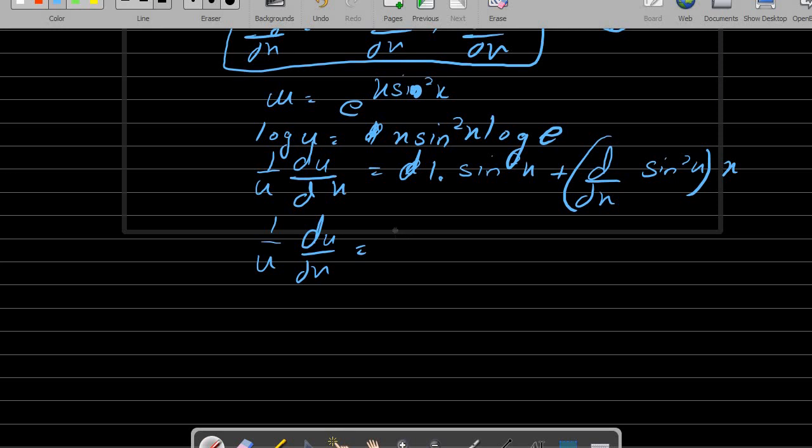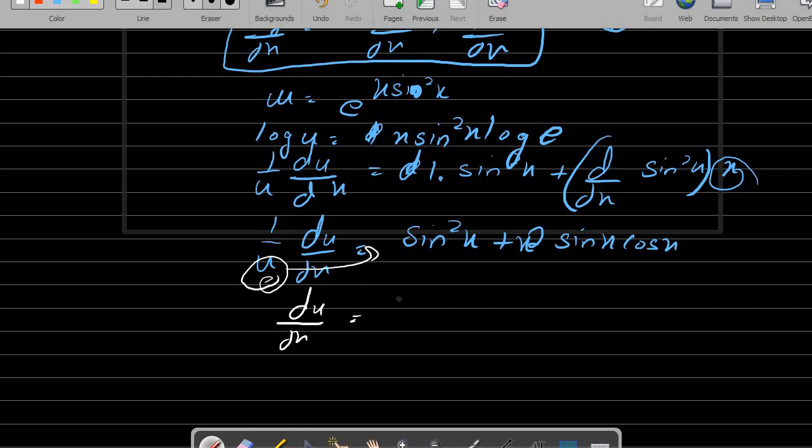Now the derivative of sine square x would be 2 sine x cos x, and this x I'll write in front here. Cool, is everything fine till here? Now we have done this much. Now du by dx, this u I'll transfer there, which would be u times sine square x plus x sine, just a second, this would be x sine 2x.